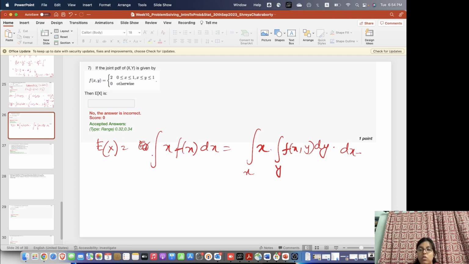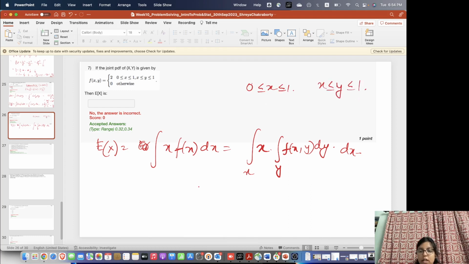Alright, so here now we are going to use it. x is ranging from 0 to 1, so 0 less than or equal to x less than or equal to 1, and for y the range is dependent on x.